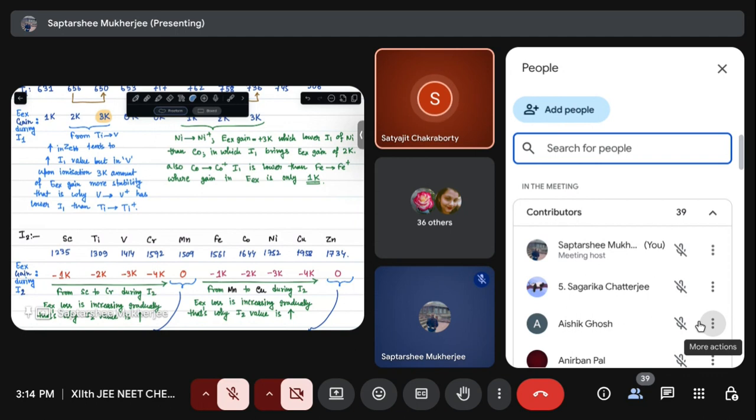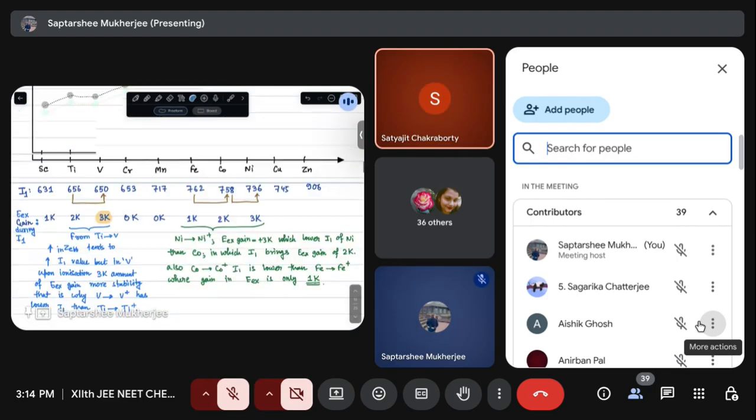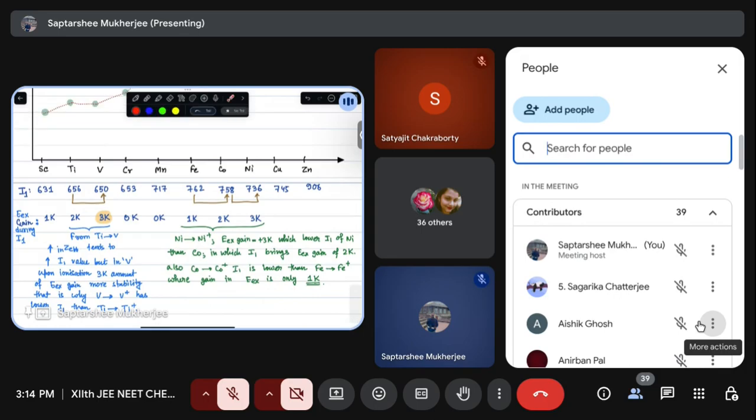Here in second ionization, Z effective is increasing and exchange energy gain is decreasing. Very good. In the first ionization enthalpy, Z effective was increasing, but somewhere the exchange energy gain was happening. Somewhere exchange energy gain was 0 also.